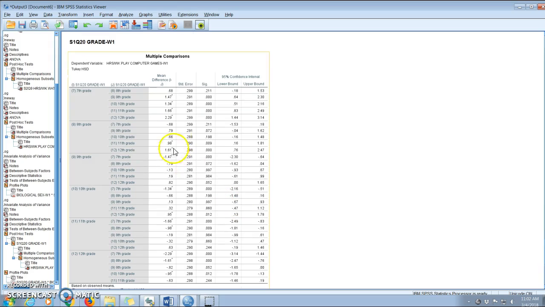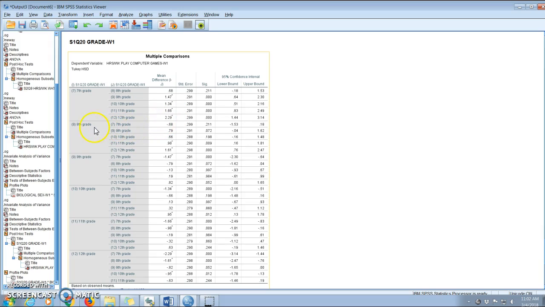And you can see you've got 7th grade versus everybody, 8th grade versus everybody, 9th versus everybody. And when you get about halfway through, it starts to repeat because you already sort of know what you found. So I always just start at the first one, sometimes muddle my way through it. But here I can see that 7th graders are not different from 8th graders, but they are different from 9th, 10th, 11th, and 12th graders. Okay, so they're different from everybody except 8th graders.